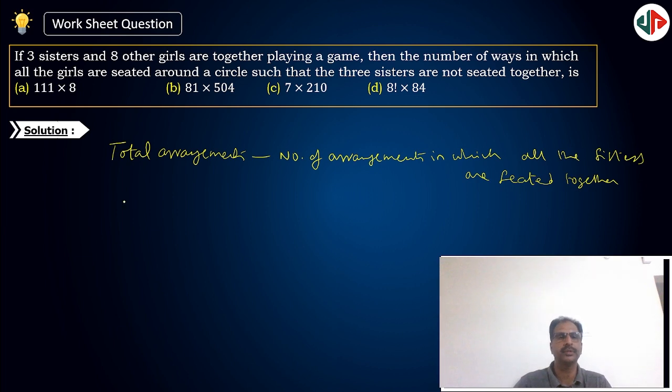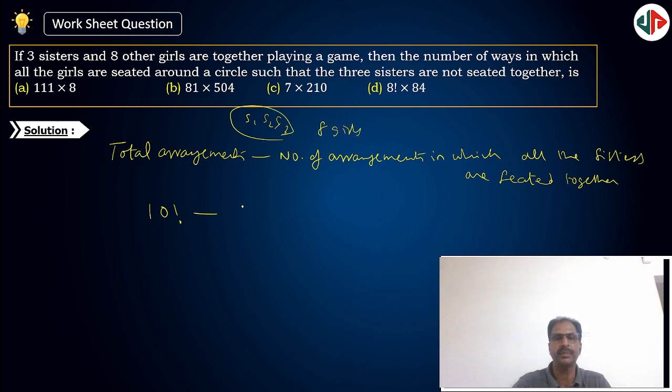How many total arrangements are possible? Altogether 11 members around a circle, 10 factorial, minus the number of arrangements in which all the sisters sit together. Consider 3 sisters as 1 unit and remaining 8 girls as 8 units.